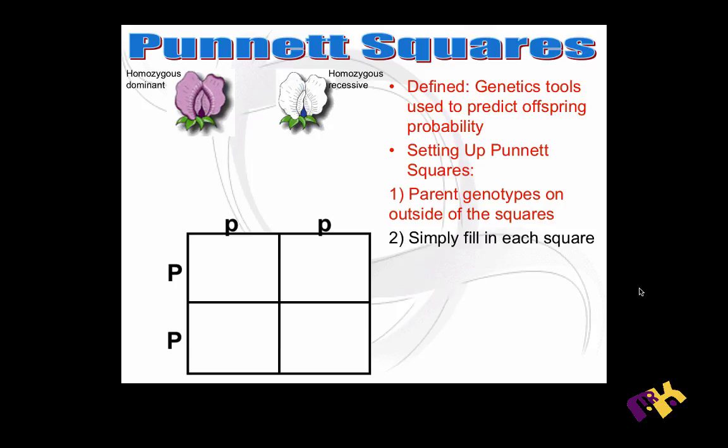All right, so we're simply going to carry, or fill across, those that we have in the rows. So our dominant, our big P's, will be carried across the row that they're found in, and then we'll drop the lowercase or the recessive alleles from the other individual down the column, and the resulting combinations in the boxes represent the possibilities or probabilities of the offspring from those individuals.